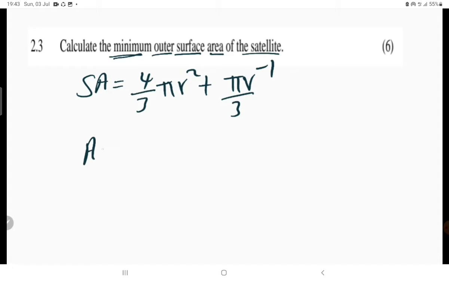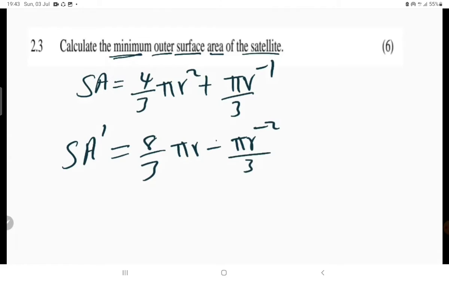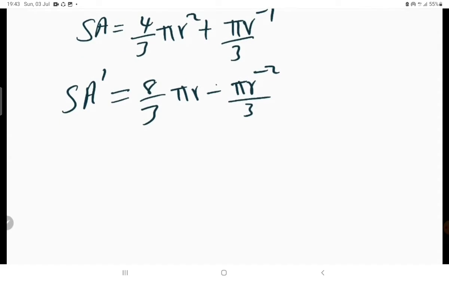Now we have a surface area prime, which is the derivative of it. If you drop this one, you get 8 over 3 pi r, minus pi r to the power of negative 2 over 3. Then we know that the derivative must be equal to 0 at maximum or at minimum, so that is why we take this 0.